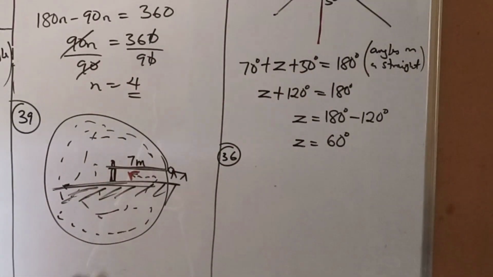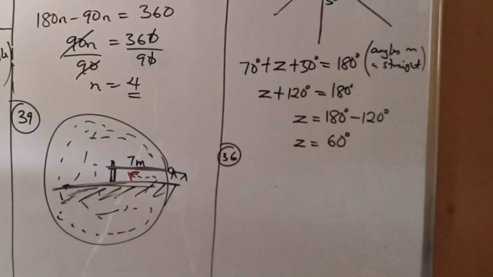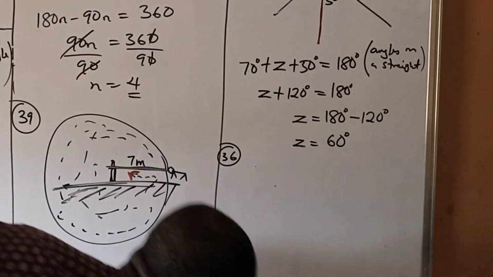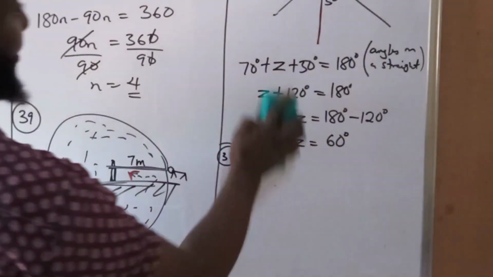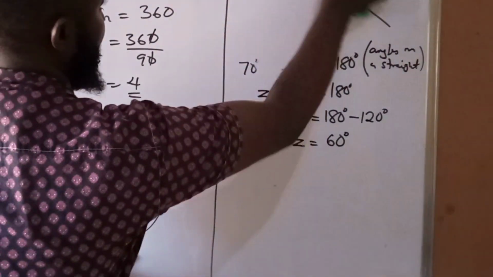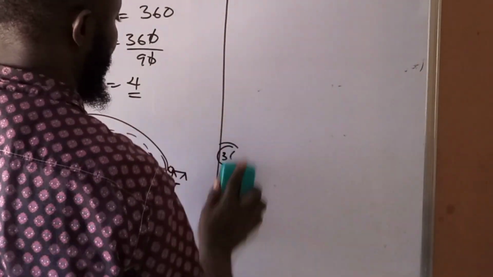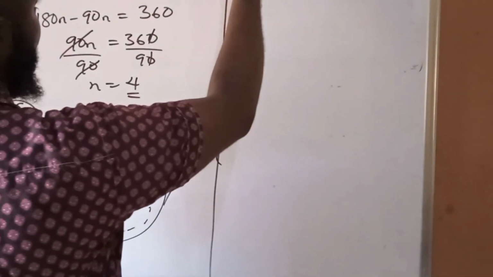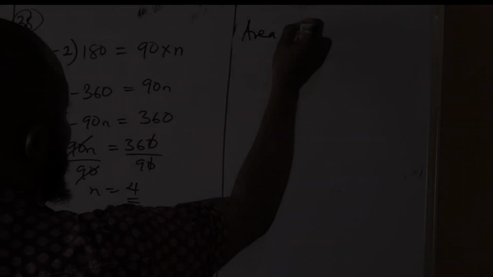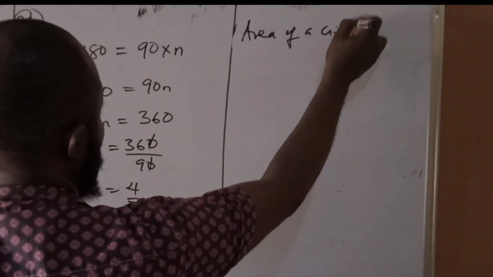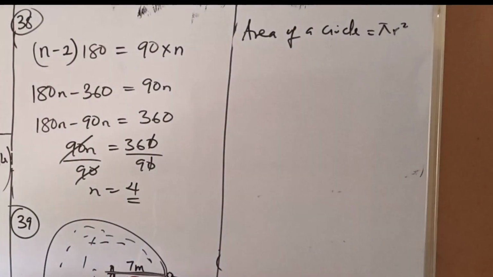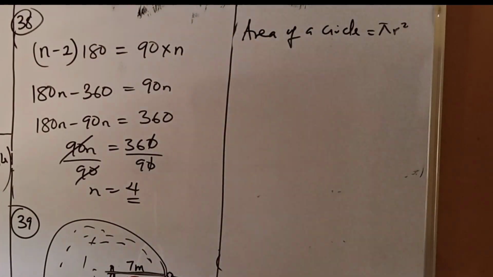So we want to calculate the area of the circle, which is pi r squared.